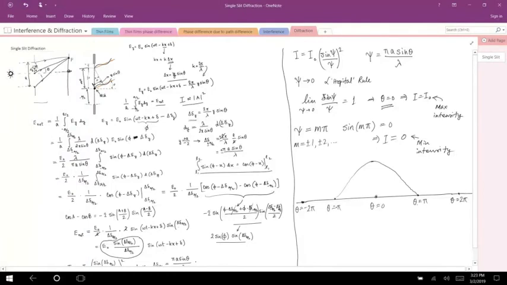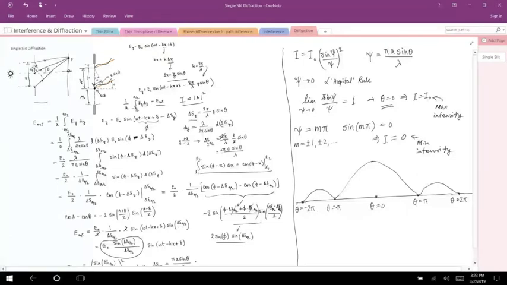But in the middle, this function is going to rise, but we know that it can't rise all the way to 1 because as psi increases, the intensity is actually decreasing. So there'll be maximas that look like this, maximas that are smaller in size than the central maximum.